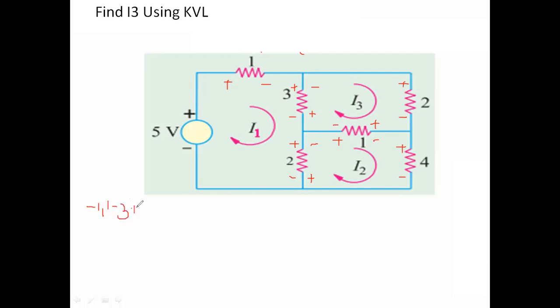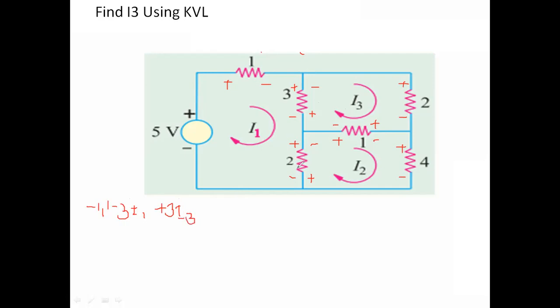Similarly, for this resistor we have another current, I3, so that is plus sign, plus 3 into I3.